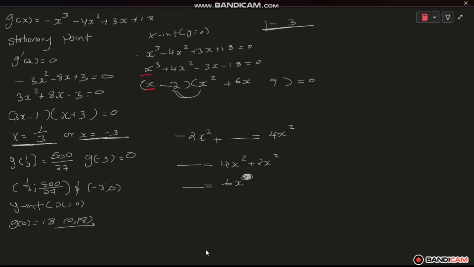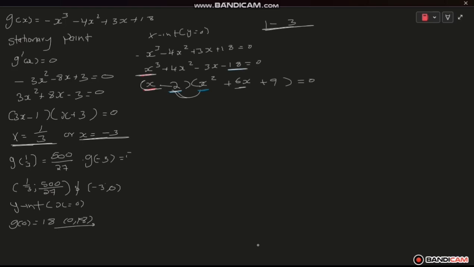Remember the 9 here is supposed to be positive. So we said x cubed divided by x, we got x squared. 18 divided by negative 2, we must get positive 9, not just 9, it's positive 9. I hope you understand that.